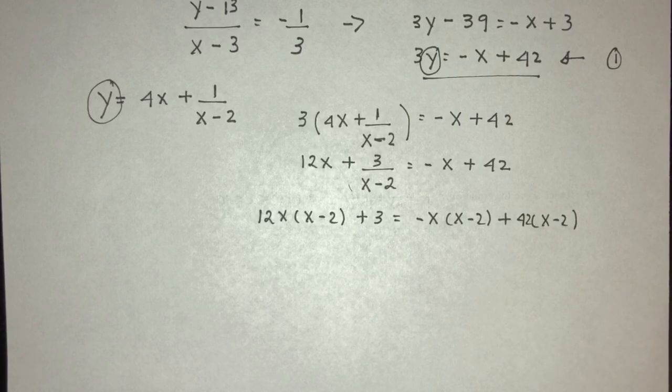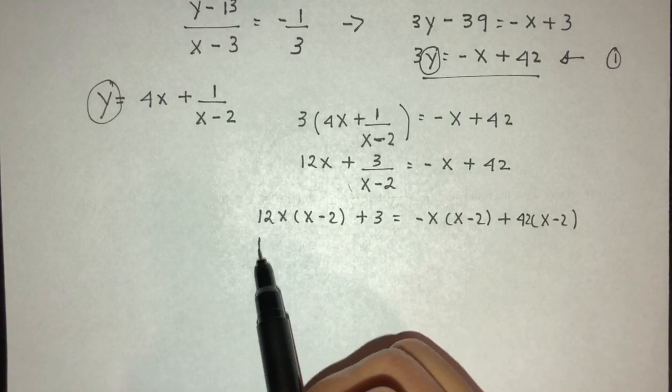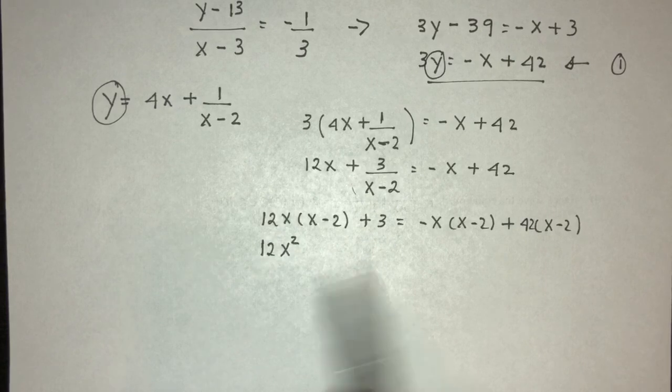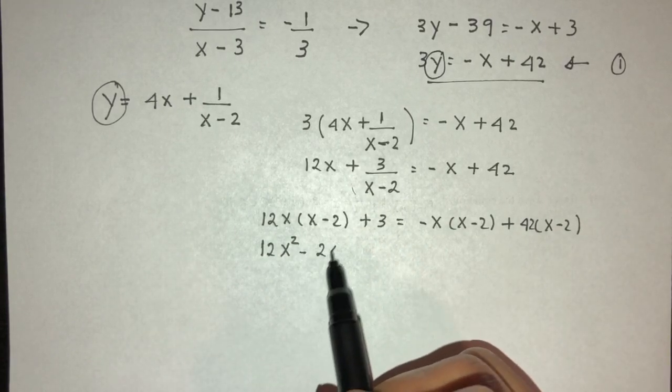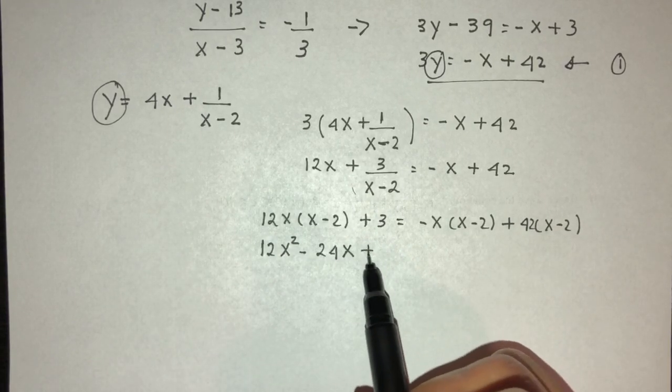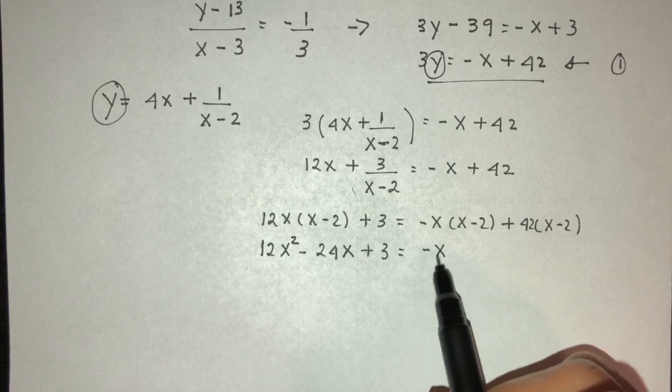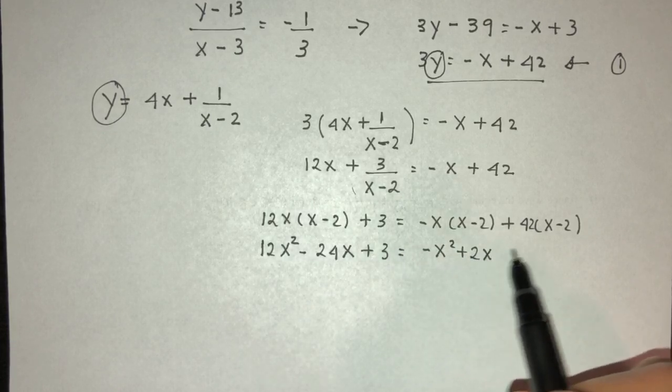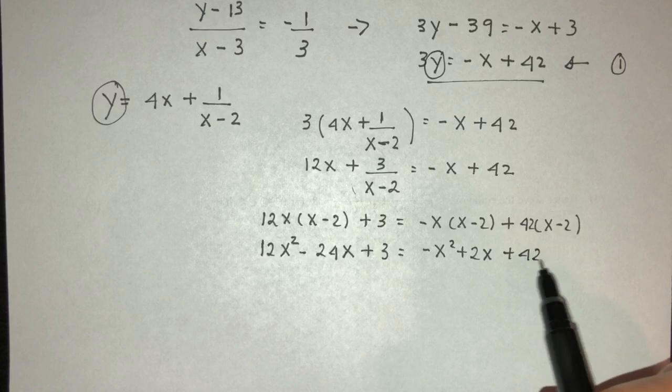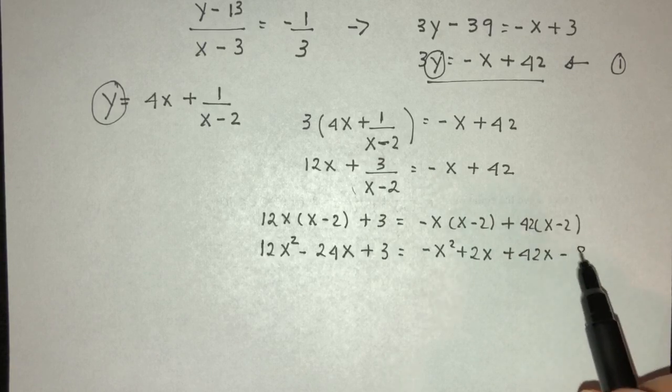Okay, so let's simplify. You will have 12x squared minus 24x plus 3 equal to minus x squared plus 2x plus 42x minus 84.